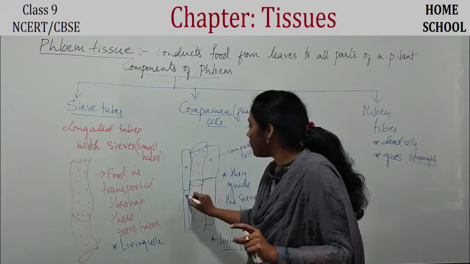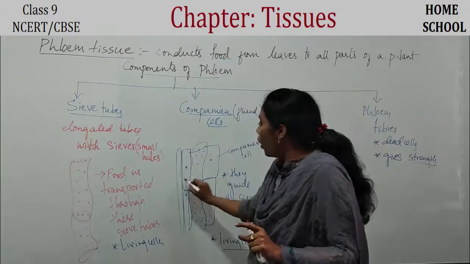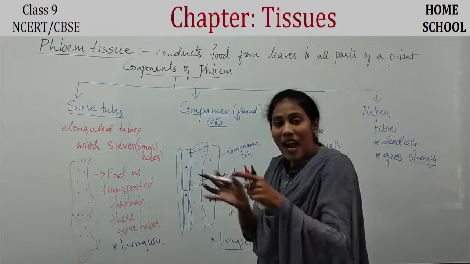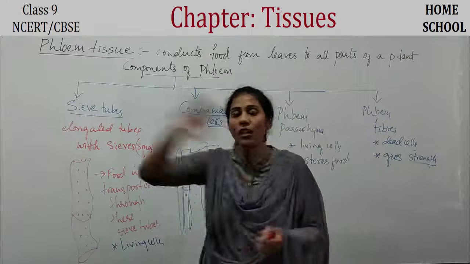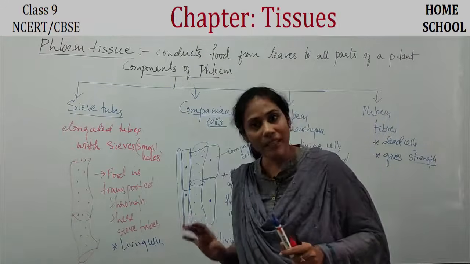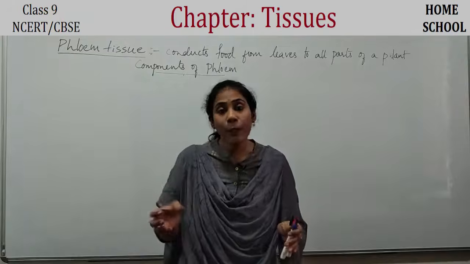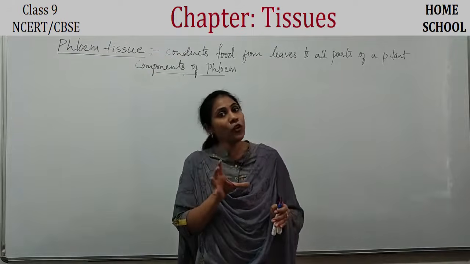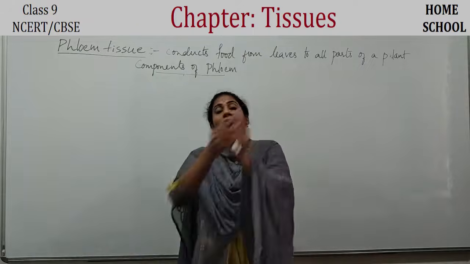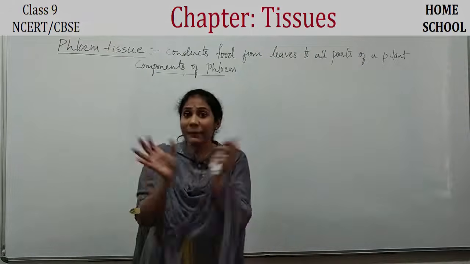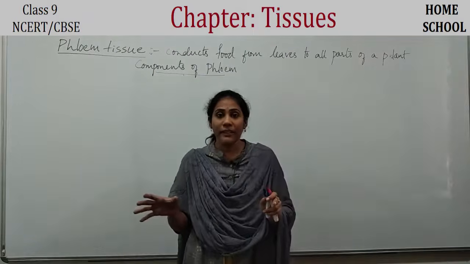This is the phloem parenchyma, and after that you will have phloem fibers. So all four cells are present together, and this is how they run all over the plant body. Clear, guys? Actually speaking, in a tree or a plant, both xylem and phloem are present together only. The bundles of xylem and the bundles of phloem are present together, okay, in all parts of a plant.